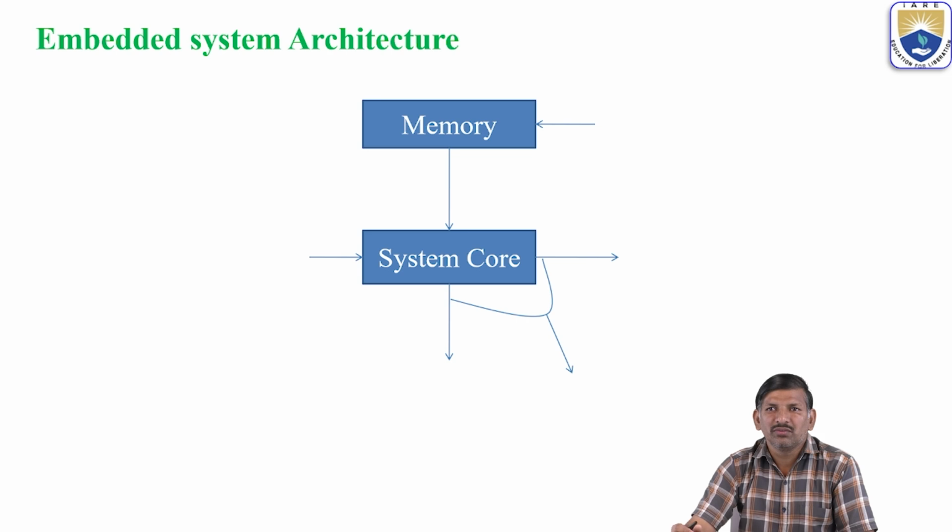Second, we need to store the instructions. For that, we require memory devices. Memory devices store the information. Here, two types of memories are there: primary memory and secondary memory. Why do we call it primary memory, not secondary or third?